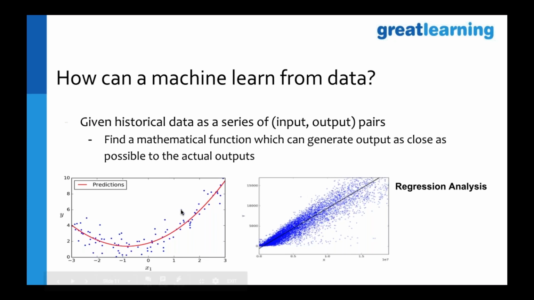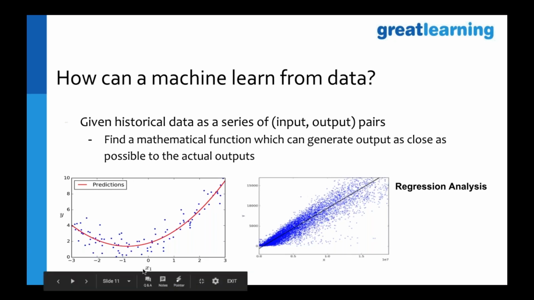So looking at this graph, this is the input, this is the output, and the blue are all the data points that you have given it. And what has it done? It has come up with this red line, which is a function, where given an input, it can actually tell you the output.